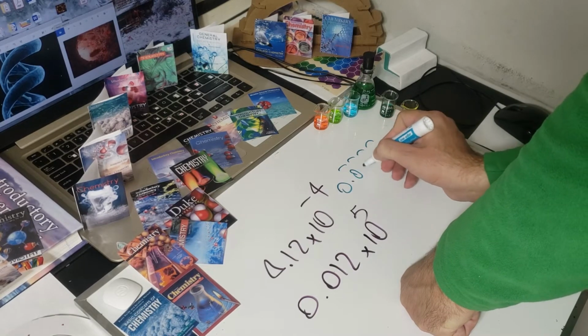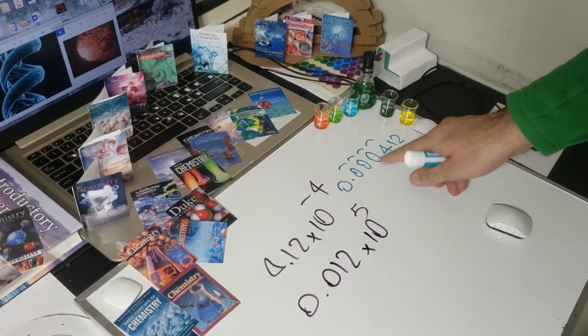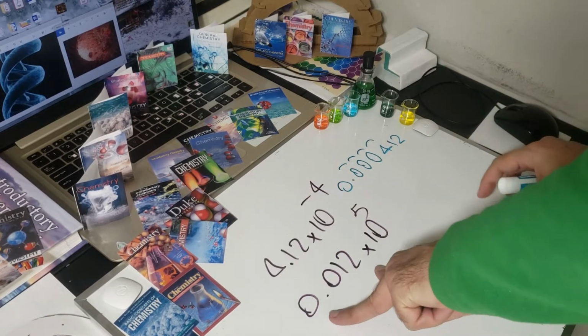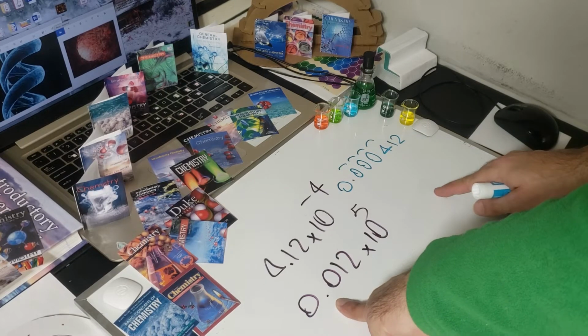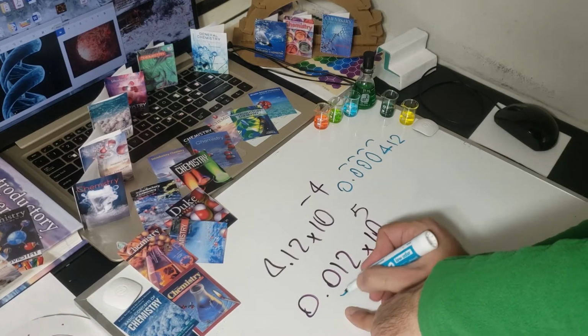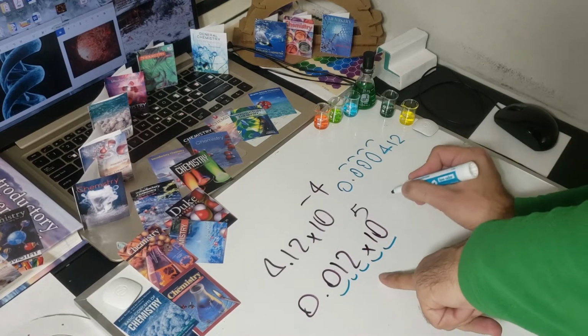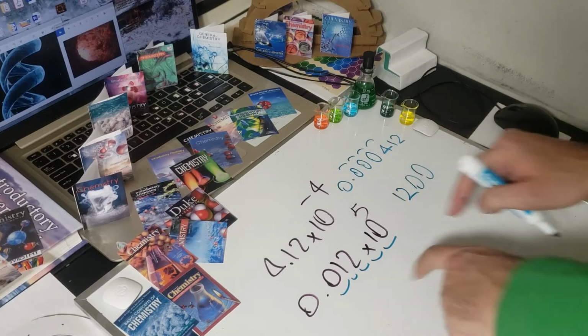And these are zeros that I need to put now. So first, second, third, and fourth place after the decimal, because that's a small number. This is the big number, and I'm going to move that decimal 5 places to make it bigger. So 1, 2, 3, 4, 5. It means it has to be a 12, and then 2 zeros following it to make 10 to the 5.